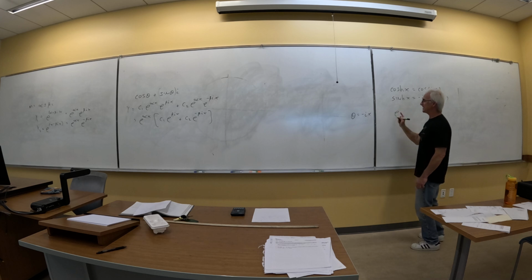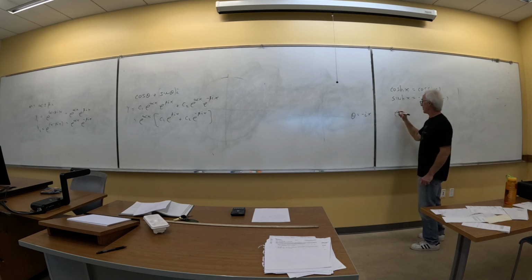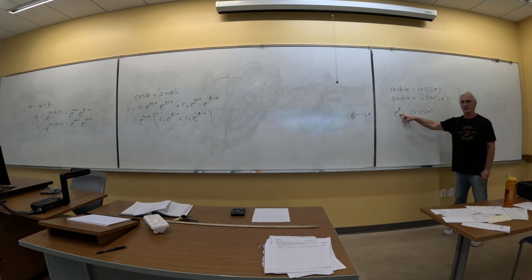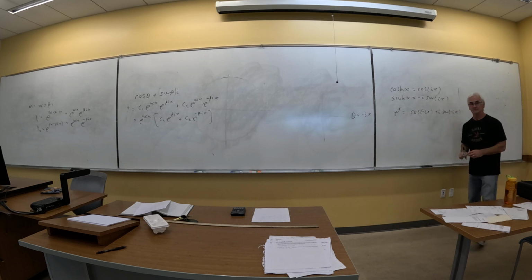Then I have e to the i theta. i times -i is -i squared, or 1. And now that equals what? Cosine of -ix. And by the way, x is going to be a real input with an imaginary angle, plus i sine of -ix.